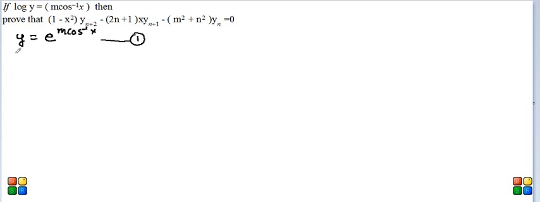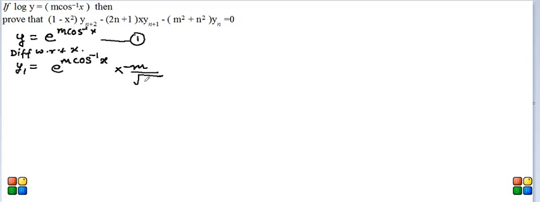Okay, now rest things remaining same, differentiating with respect to x, y becomes y1, e raised to anything is e raised to same thing initially, into chain rule, into d by dx of whatever is raised to, m is constant, cos inverse x, it is minus 1 by 1 minus x square.